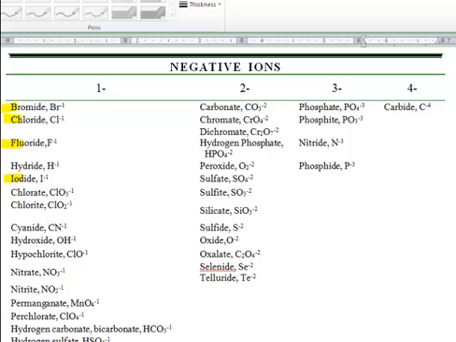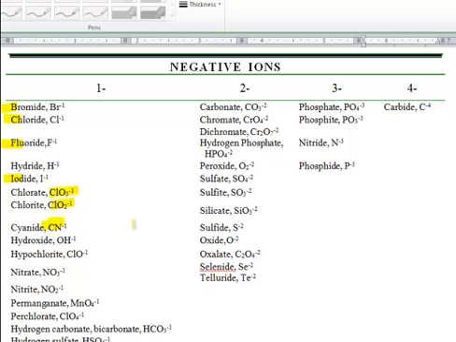However, quickly you start noticing some negatively charged ions that have more than one kind of atom. These are called polyatomic ions. Like cyanide, you will have carbon and nitrogen, and it carries a -1 charge.